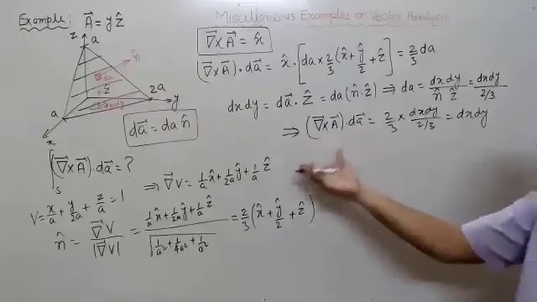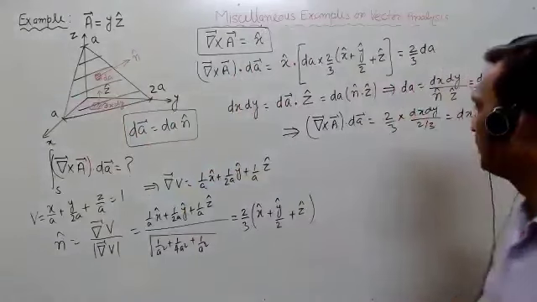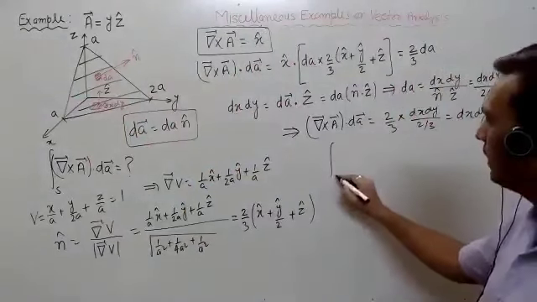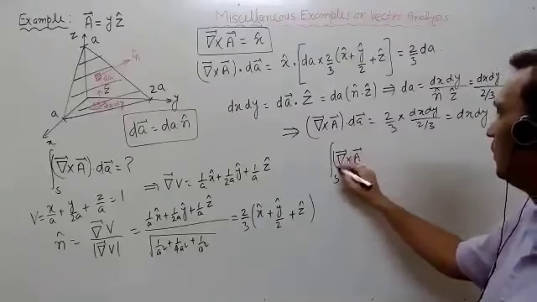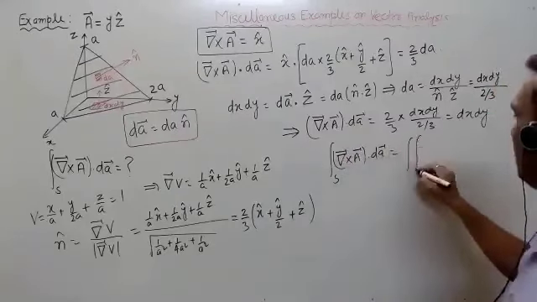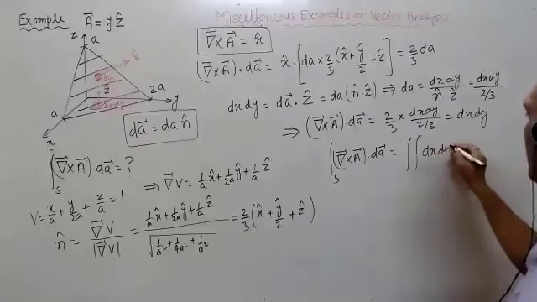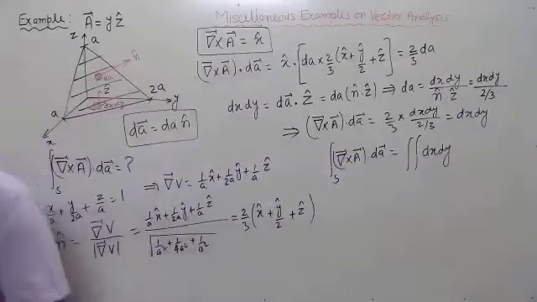So this integral will now be in the xy plane and the area element will be dx dy. So the final integral of del cross A dot dA is the integral of dx dy in the xy plane.